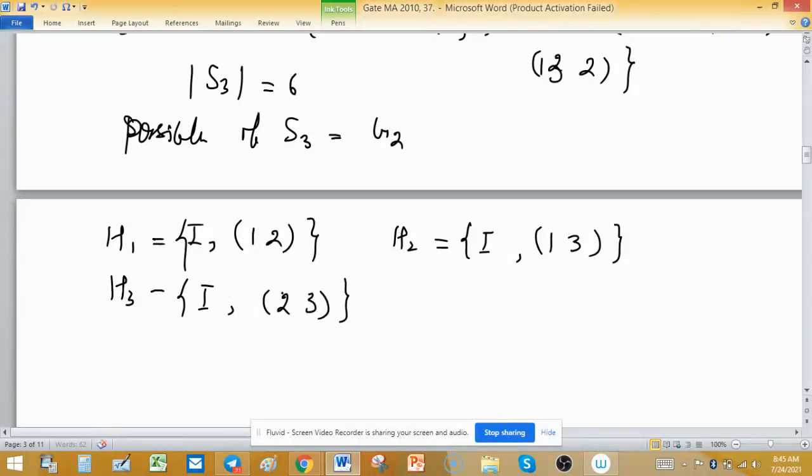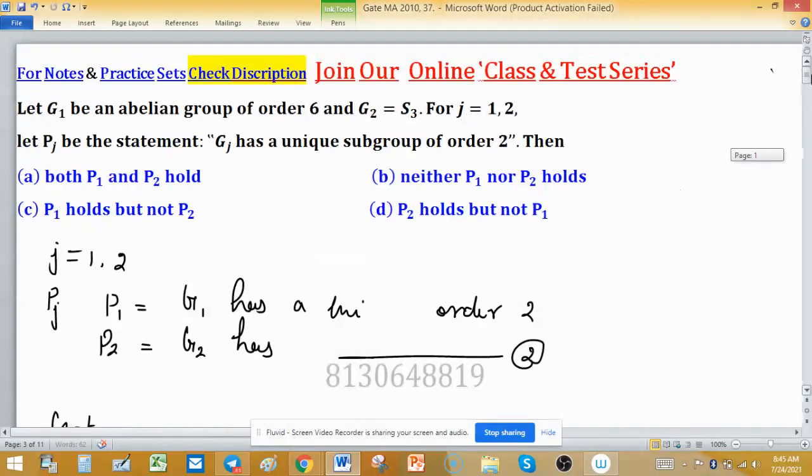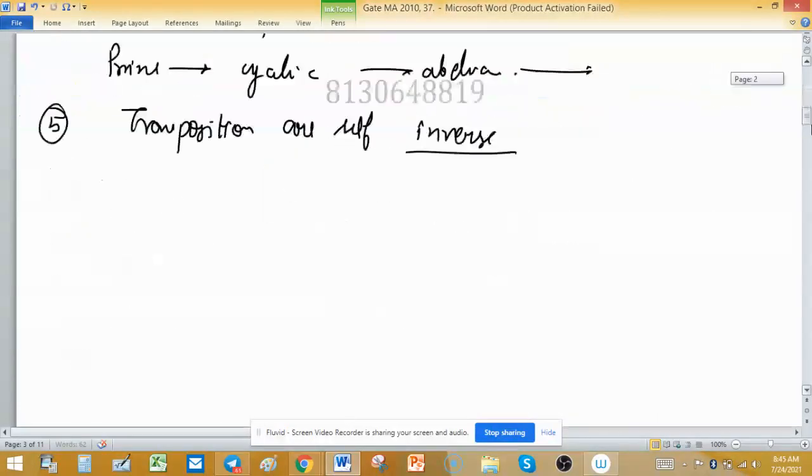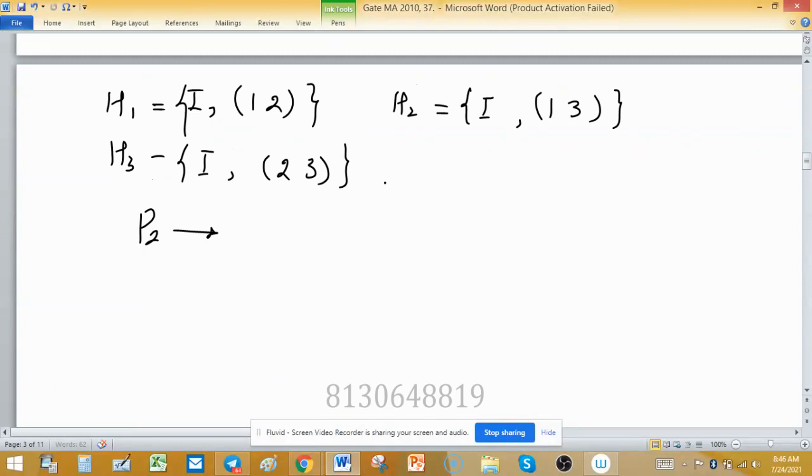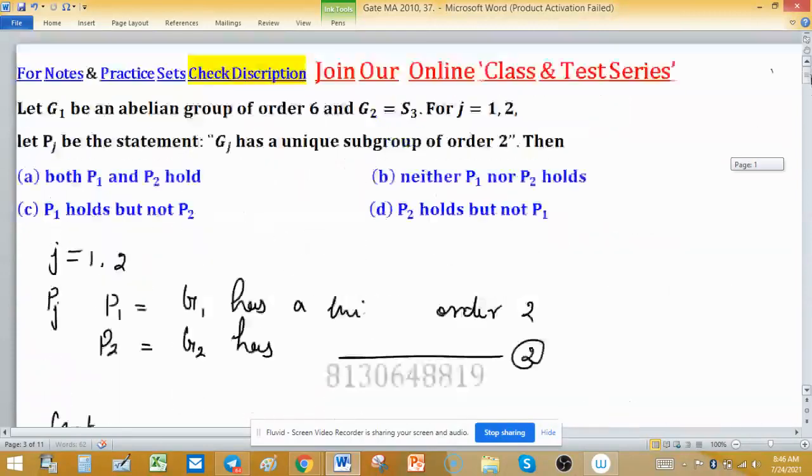So we have three subgroups of order 2. Statement P2 says G2 has a unique subgroup of order 2, but here we find three, so it is not unique. So statement P2 does not hold. Only statement P1 holds, but not P2. So option C is correct: P1 holds but not P2.